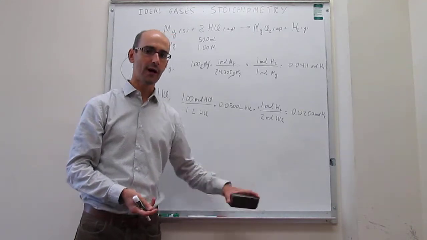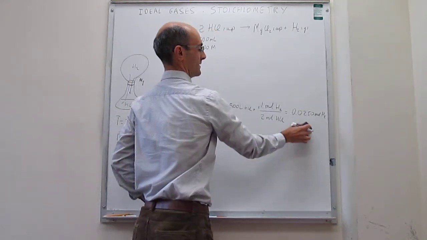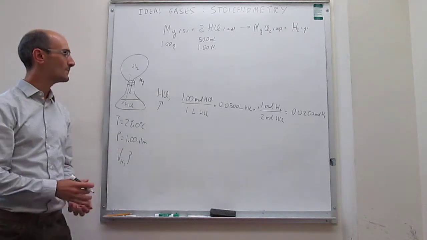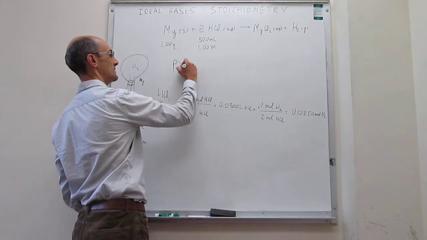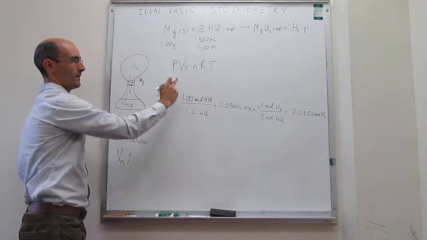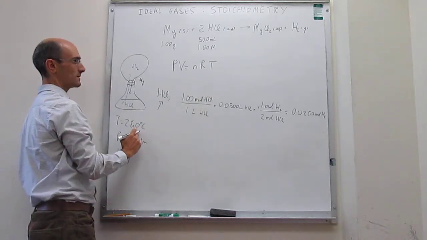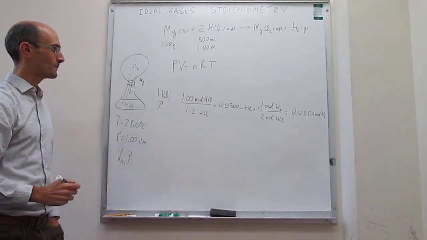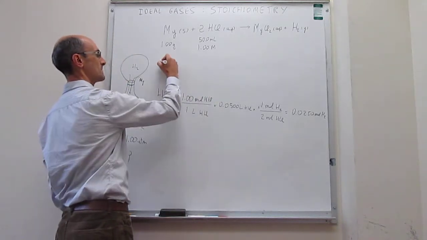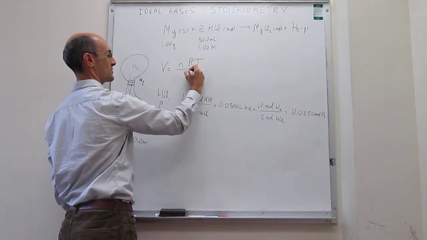Okay, so we're halfway done. We have calculated the number of moles of hydrogen that we're going to generate, and our final calculation is the volume of hydrogen that you will get. This can be obtained from the ideal gas equation of state, PV is equal to nRT, because we have everything that we need except for the unknown, the volume. The pressure is 1 atmosphere according to the statement, the temperature is 25 Celsius, and the number of moles we just calculated. So if we solve this equation for the volume, the volume of hydrogen is going to be equal to the number of moles, RT, over the pressure.